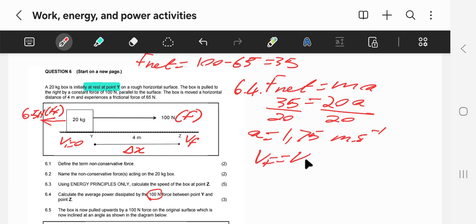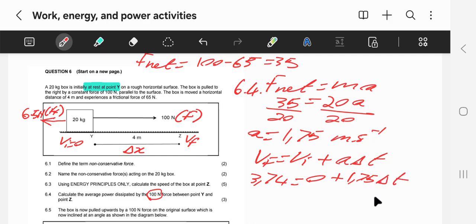Vf is equal to Vi plus A delta T. Our Vf is 3,74, equal to our Vi, which is 0, plus our acceleration, 1,75, and our time is what we are looking for. So here it means we should simply divide by 1,75. I hope you understand the math there.